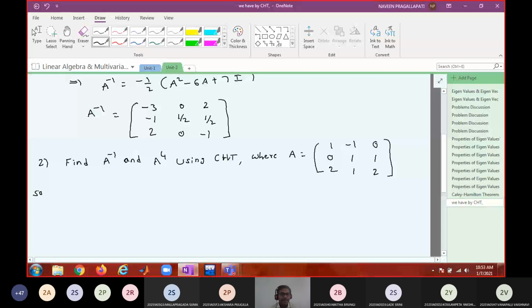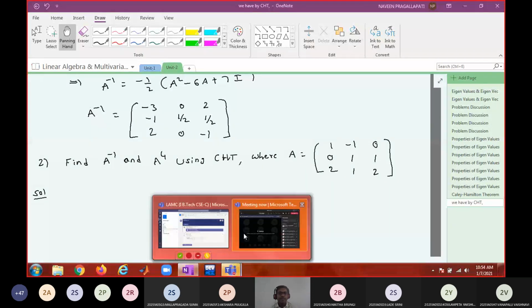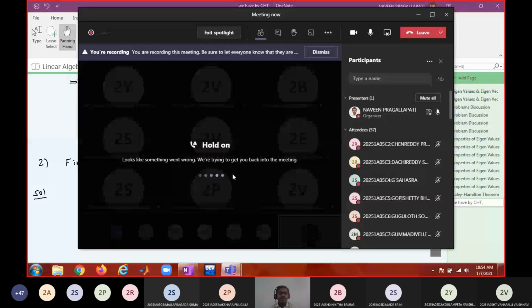What is the question? You're asked to find A inverse and A power 4. This time you are asked to use Cayley-Hamilton theorem.